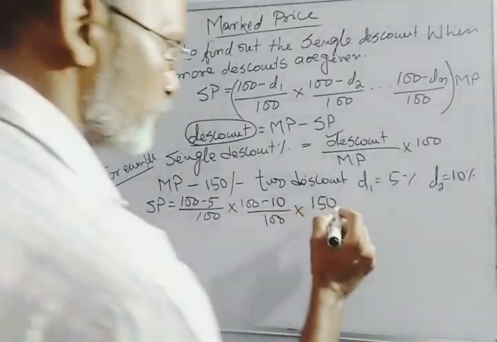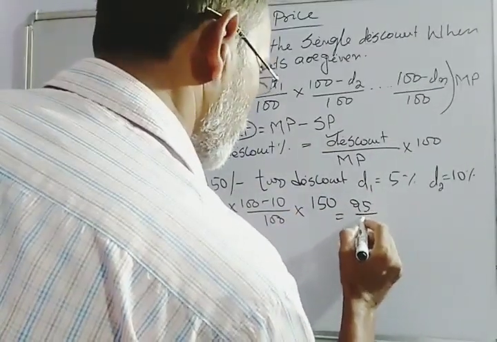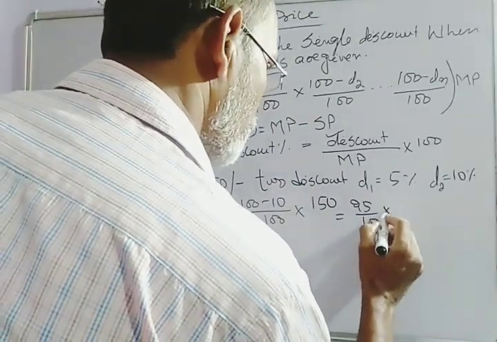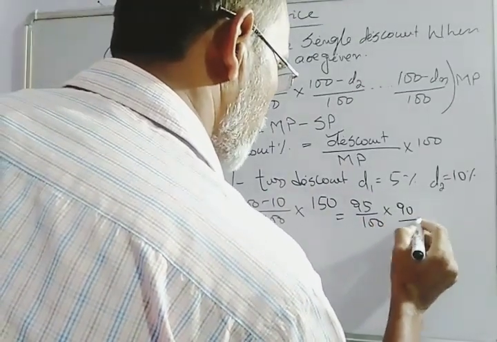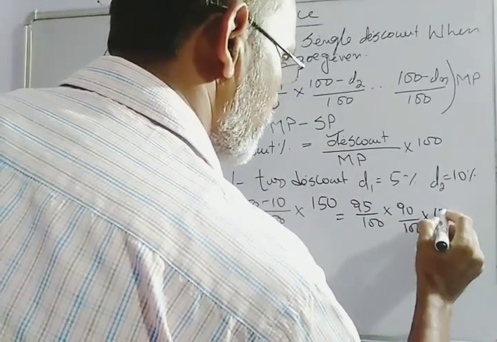So this is equal to 95 by 100 into 90 by 100 into 150.